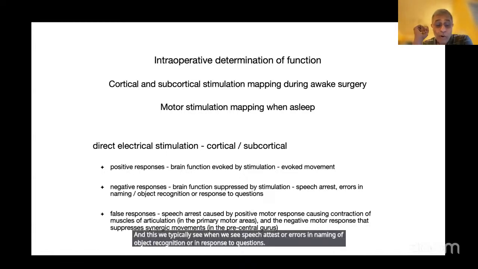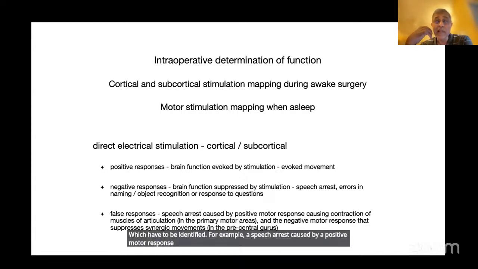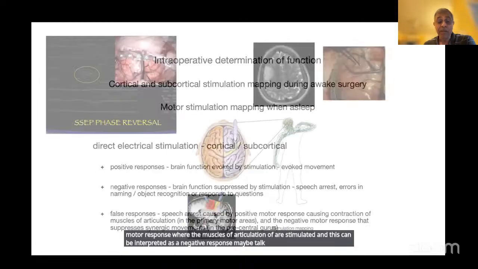There are also false positive and false negative responses, which have to be identified. For example, a speech arrest caused by a positive motor response where the muscles of articulation are stimulated. And this can be misinterpreted as a negative response when we talk of a speech arrest.